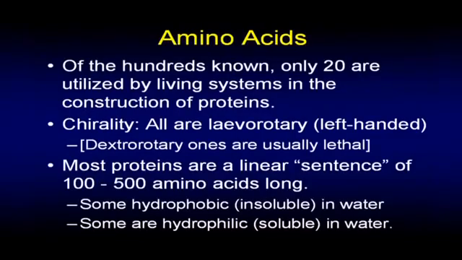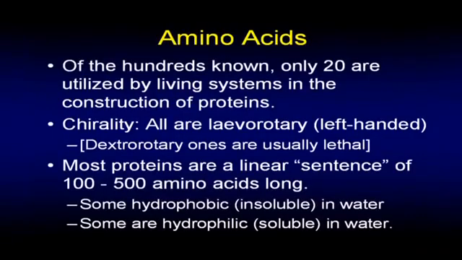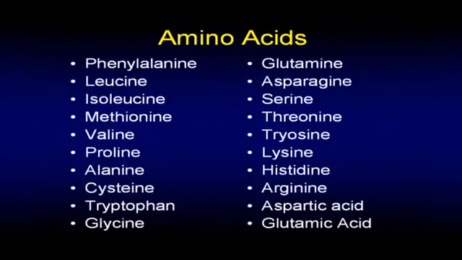Now, most proteins in your body are not 347 amino acids long like this one is, but are up to 500 acids long. Some of them are soluble in water. Some are not soluble in water. They're designed that way. And these amino acids can be combined to make 20 different ones.